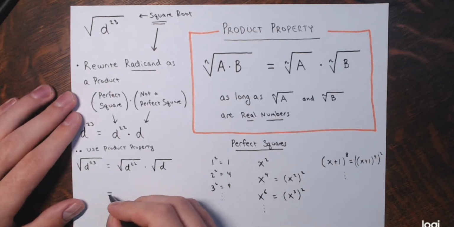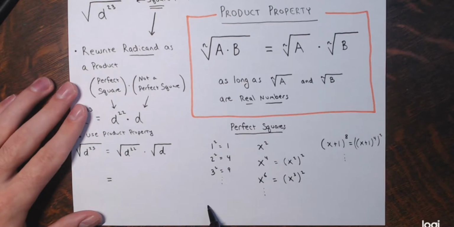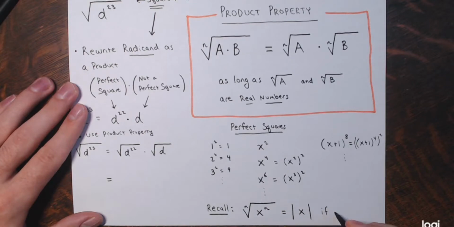Now I hope you recall from section 8.1's video that the nth root of something to the nth power was equal to the absolute value of that thing if n was even, when you took an even root.